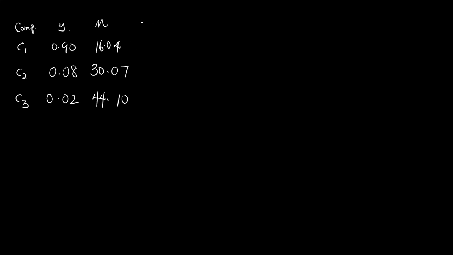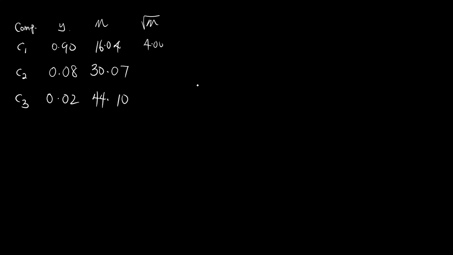Now the square root of the molecular weight. Let's look at the square root of the molecular weight of methane. You have the square root of 16.04. That will give us 4.00.